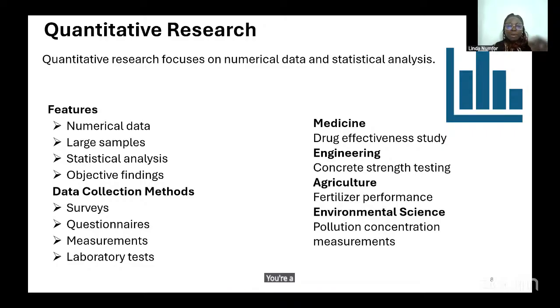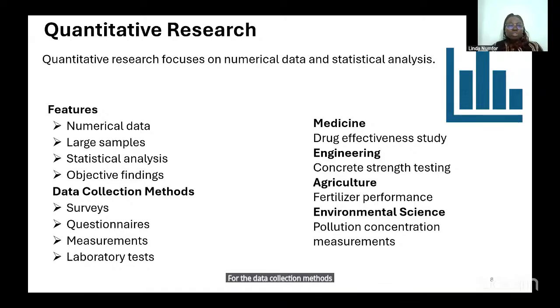So it is numerical. With quantitative research, you have a large sample size. You use statistical analysis, and it is an objective finding. It is very, very objective.